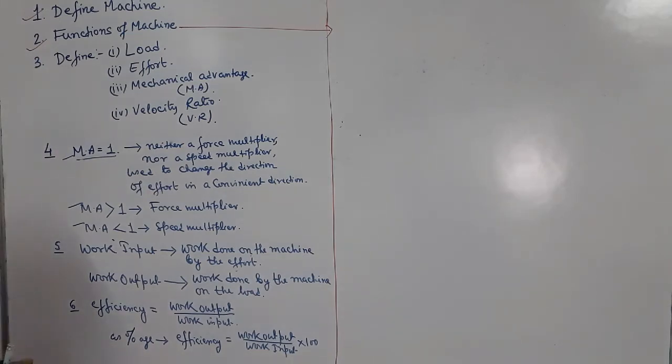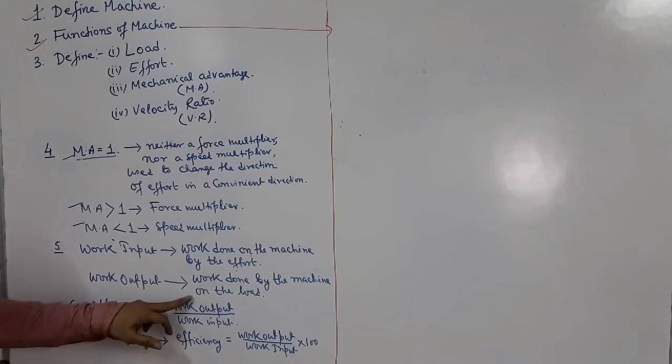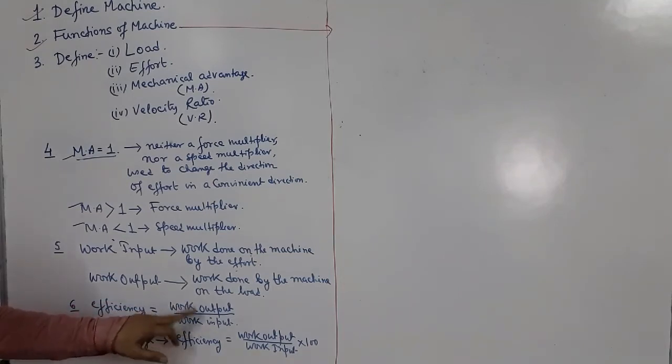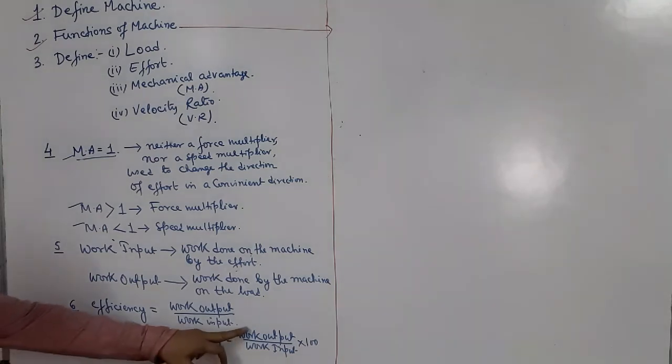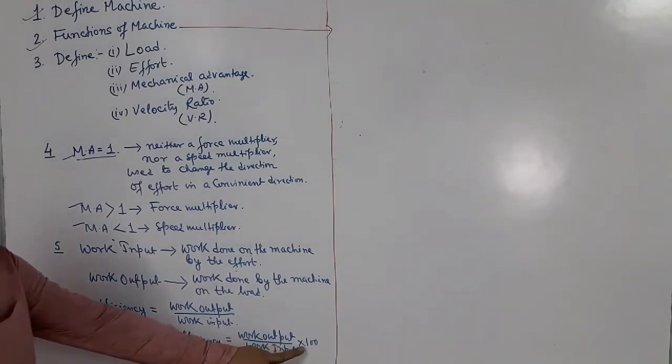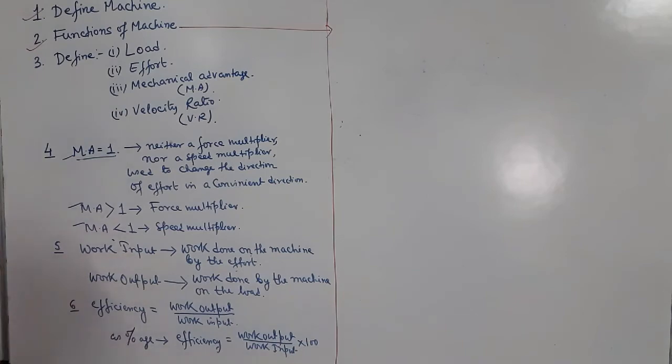And simply, efficiency is the ratio of work output by work input. When we do work output by work input, it comes as a fraction. If I want to convert that into percentage, we use work output by work input into 100. So it gets converted into percentage.